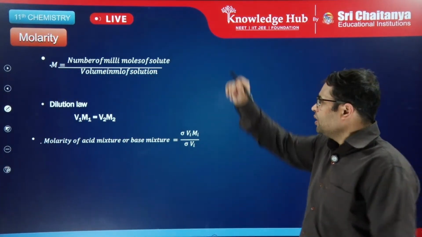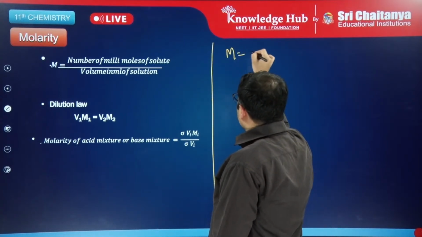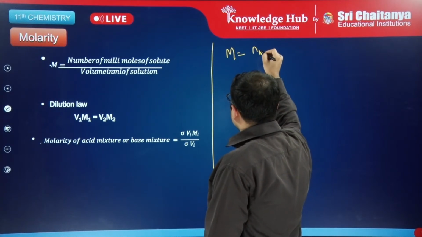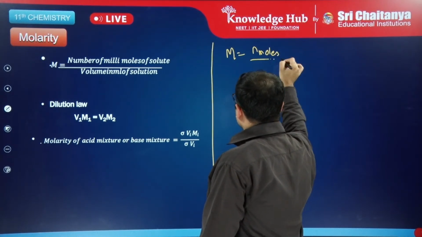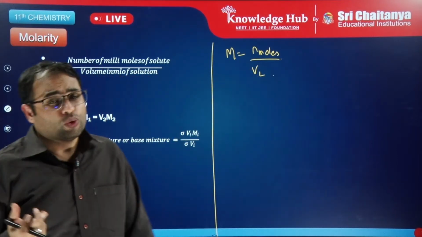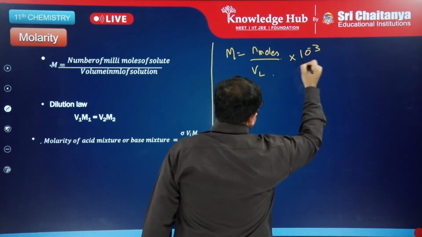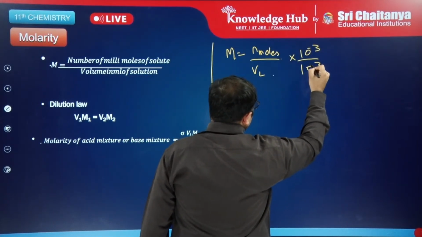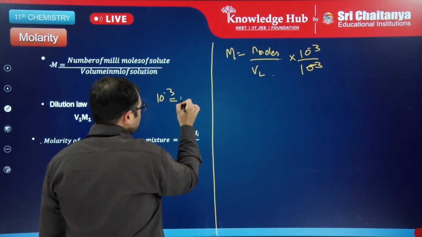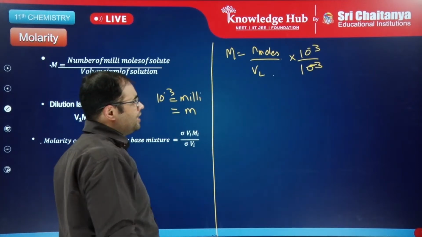So, there is one more way of writing this. See, molarity is n moles by volume in liters, correct. Now, suppose I multiply numerator and denominator by 10 raised to power minus 3. We know that 10 raised to power minus 3 is something called milli, denoted by small m.